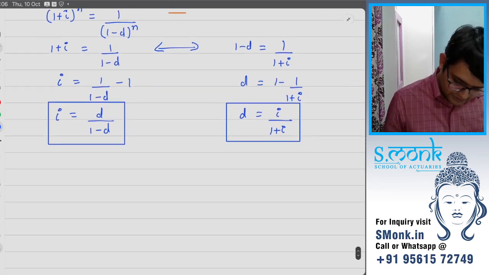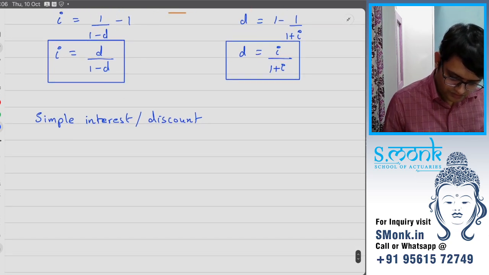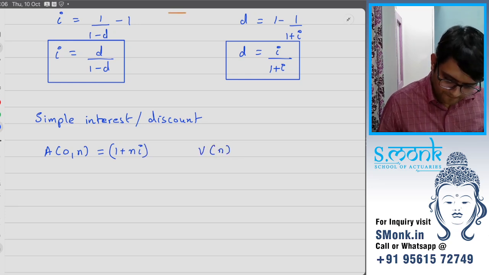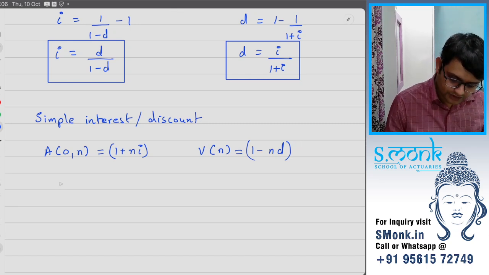Let me show you what happens. So if I take simple interest/discount, again accumulation 0 to n would be 1 plus n times i, and discounting 1 minus n times d. They are reciprocals of each other.